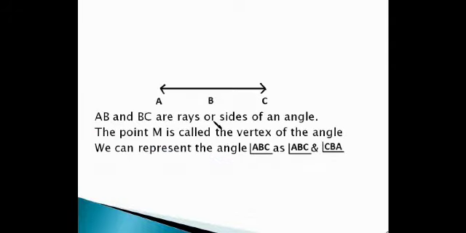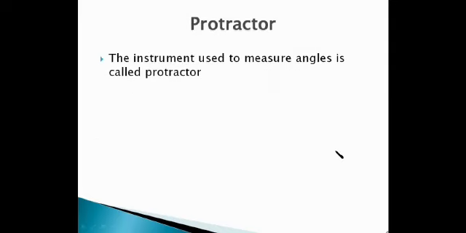So AB and BC, they are the rays or the sides of an angle. The point B is called the vertex of the angle, and we can write this angle as ABC or CBA.